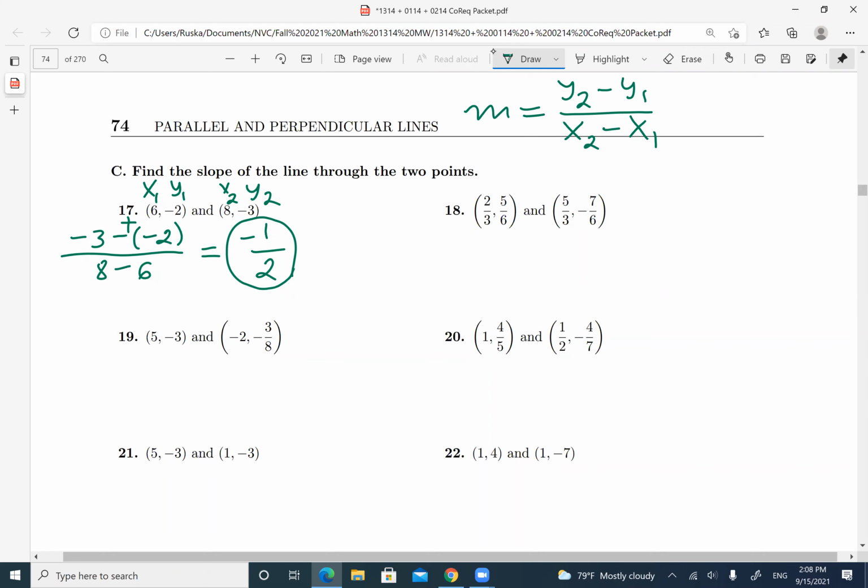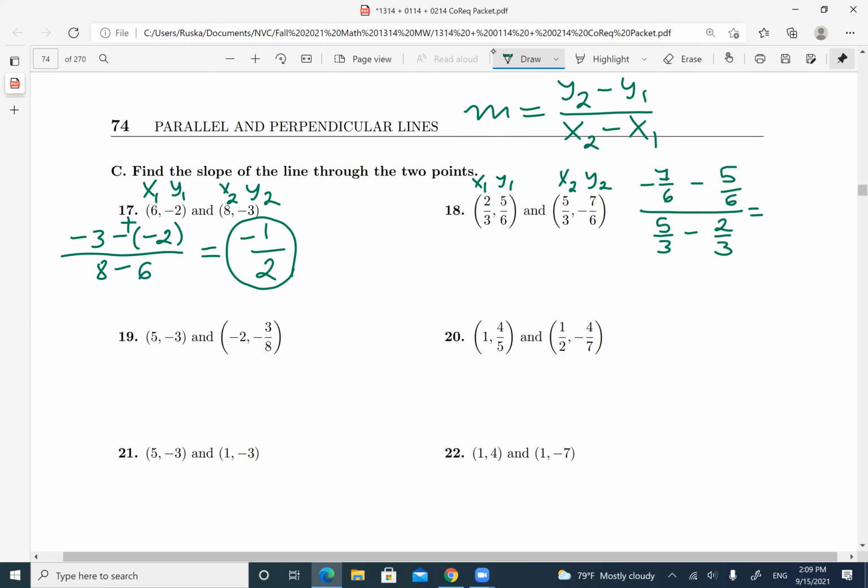18 the same way. You have x1, y1, x2, and y2. We have fractions, but we're going to do the same. So on the top, you have y2 minus y1. So that's negative 7 over 6 minus 5 over 6. And then on the bottom of the fraction, we're going to put 5 over 3 minus 2 over 3.